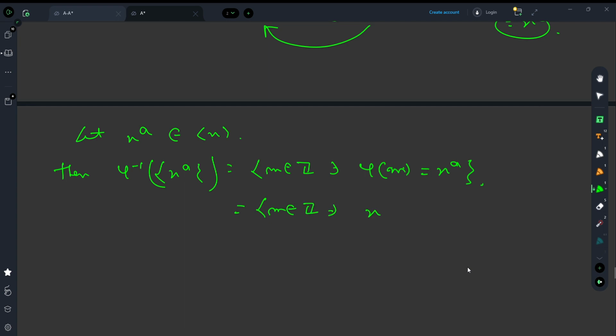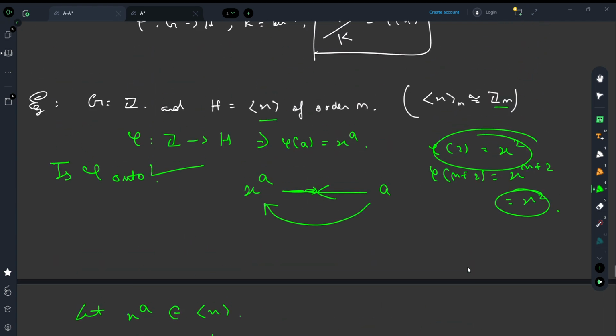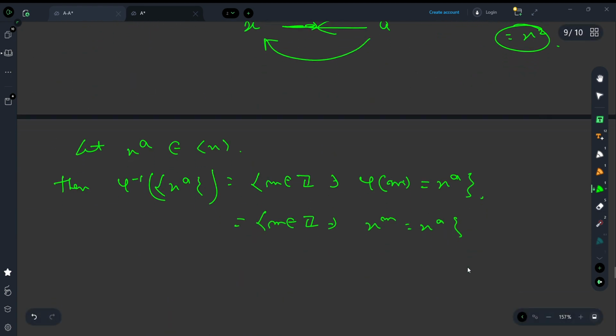Clearly phi of m is x to the power m, equal to x to the power a. But by the way we have seen that it is not one-one, you can observe that this can only happen if m is congruent to a modulo n, right? So this is the collection of all the elements m in Z such that m is congruent to a modulo n. I guess it's clear.